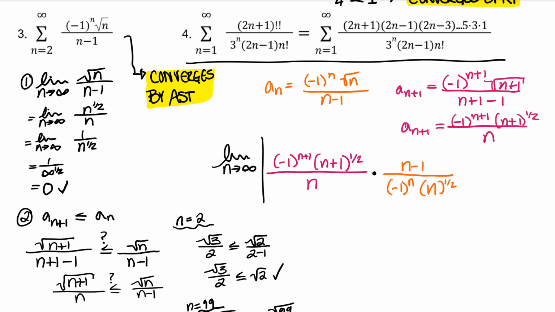Negative 1 to the power of anything is 1 or negative 1, but since this is absolute value, those are not going to affect our numbers at all.